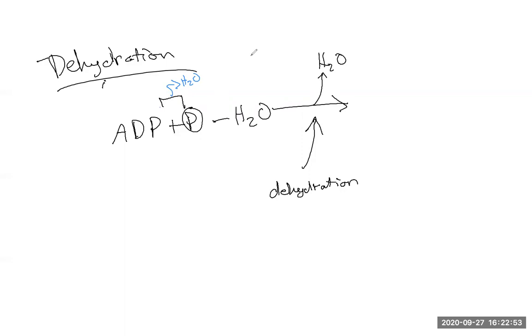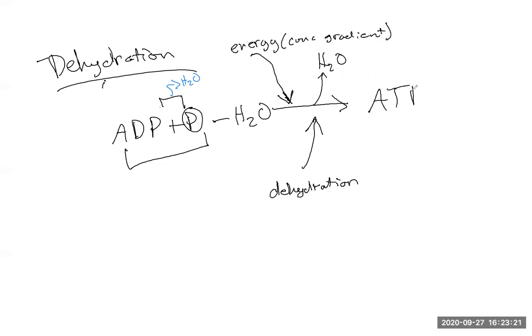So what's leaving? Water. And what's usually going in? In this reaction, there actually is an input of energy. So energy is going in. And you get that from concentration gradient in the mitochondria, which will be covered in a different video. But energy is going in this reaction. Well, what happens? These are what we want to bring together. So ADP plus the phosphate becomes ATP.